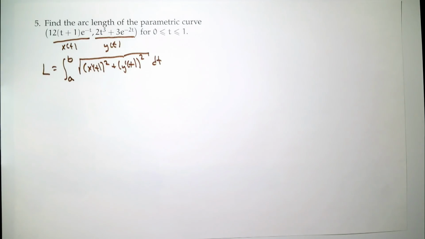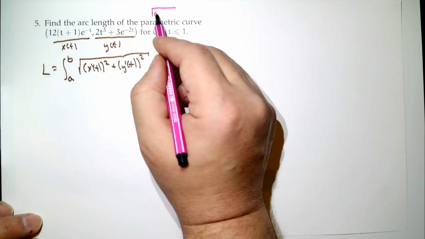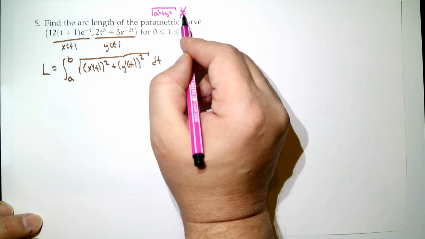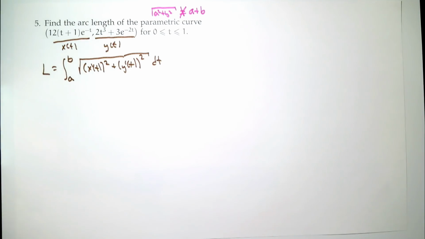I know that even though I give this word of warning, inevitably someone is going to write this down. The square root of a squared plus b squared is not, I repeat, not, and never has been, and never will be, a plus b. So do not think, aha, I have cracked the code, I know how to get rid of the square root.